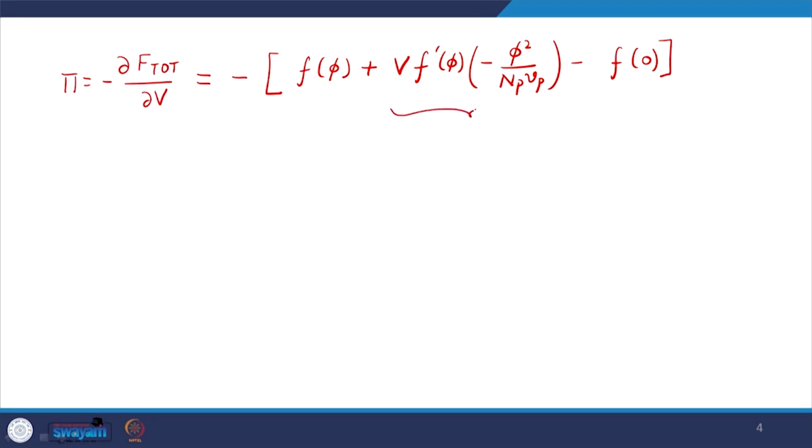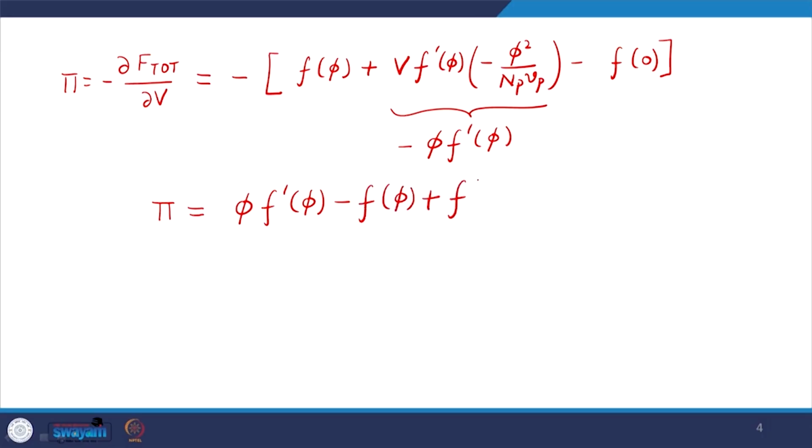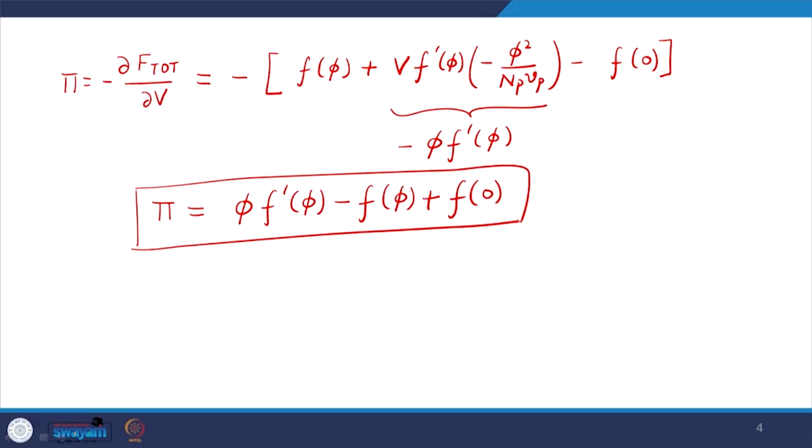So, if I look at this quantity, we can notice that NpVp by capital V is still phi. So, one of the phi will cancel, and we can write this as minus phi f prime phi, and therefore, I can write my pi as phi f prime phi minus f of phi plus f of 0. So, this is the expression of the osmotic pressure, and I showed you it is a function of f, right.